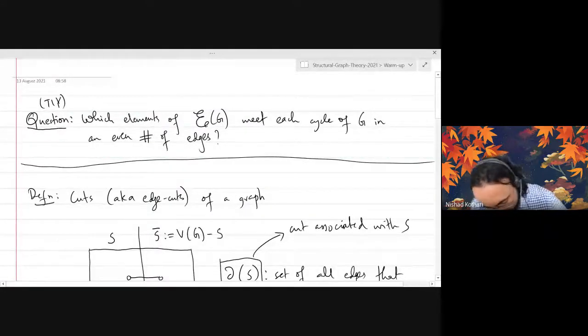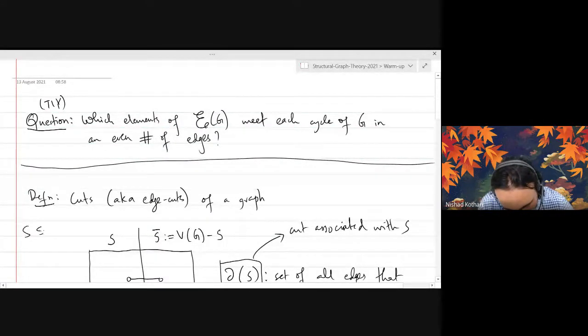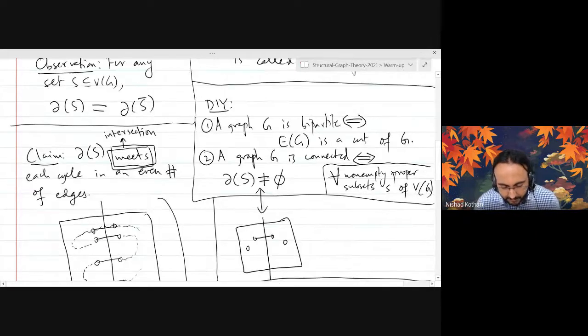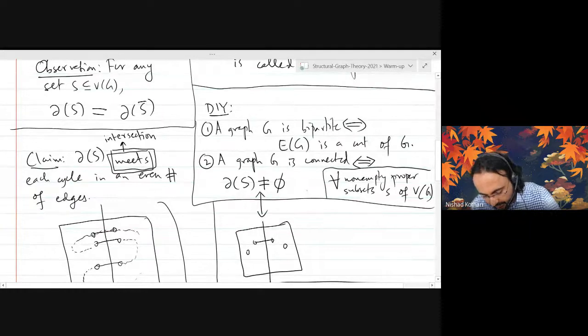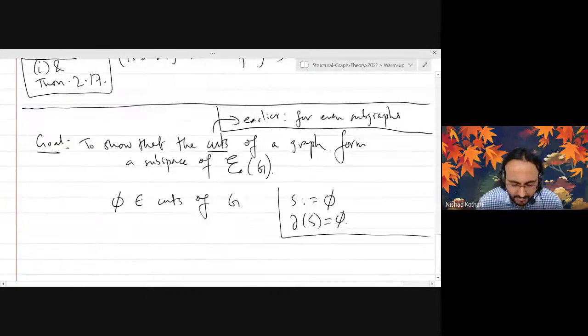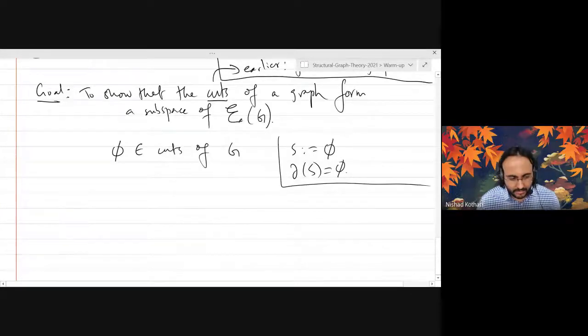So S is just a subset of the vertex set. We required the non-empty proper subset only for this do-it-yourself exercise. For the definition, S can be any set. So I can take S to be empty. Exactly.